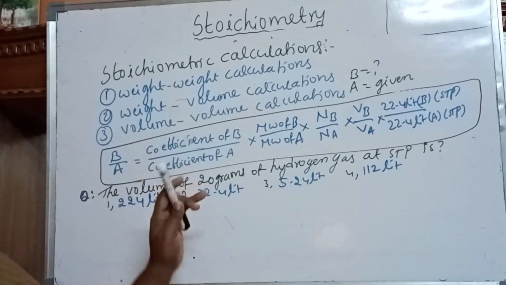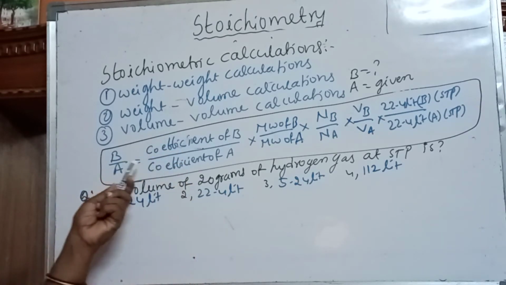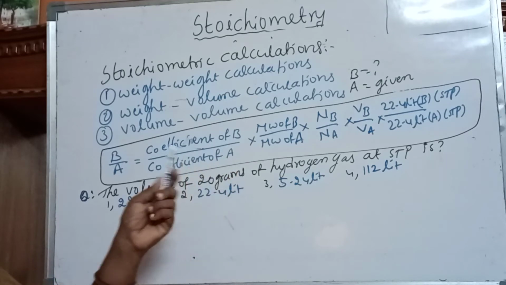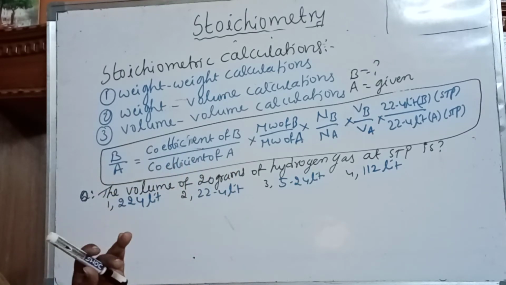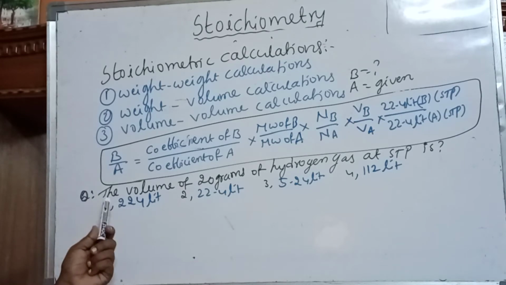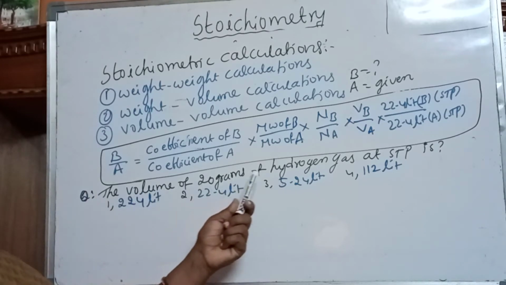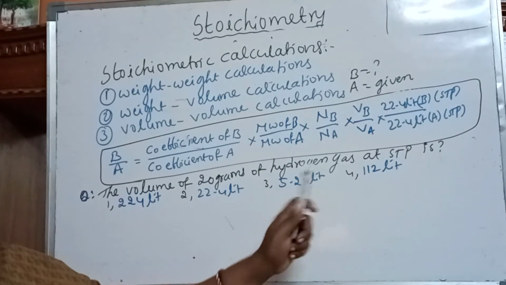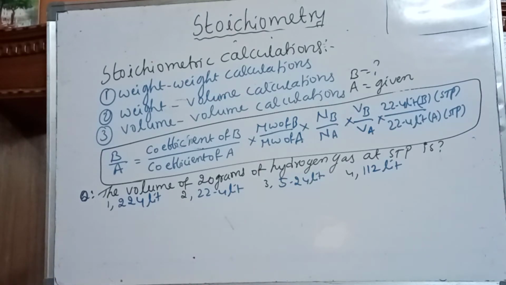So this is about stoichiometric calculations. By remembering this, stoichiometric problems are easy to calculate. See here one question. The volume of 20 grams of hydrogen gas at STP is. At STP conditions, you have to remember the concept: 1 mole of any gas occupies 22.4 liters.